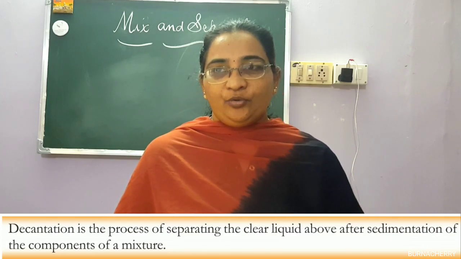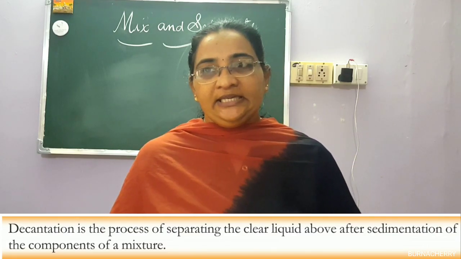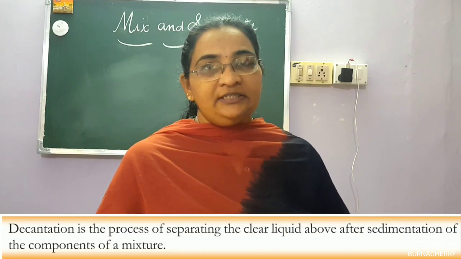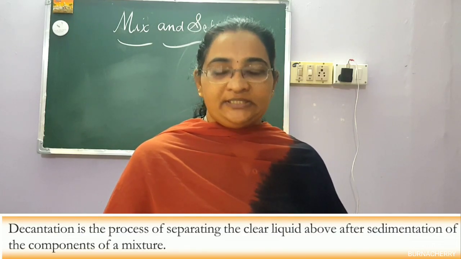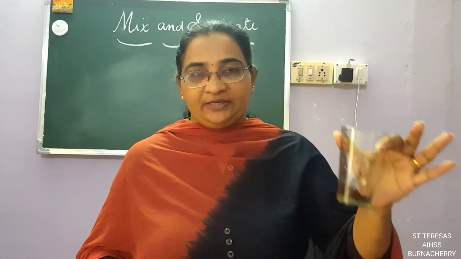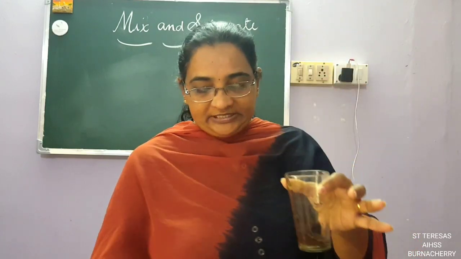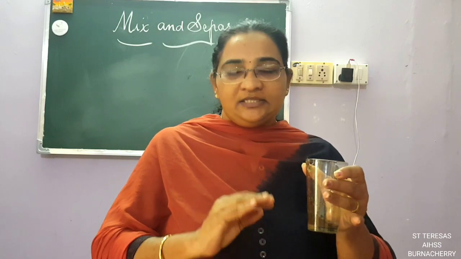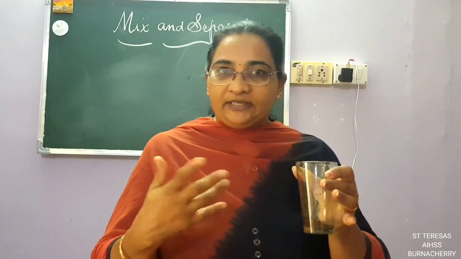So what is decantation? Decantation is the process of separating the clear liquid above after sedimentation of the components of the mixture. That means I put soil in this, I put water, we made a mixture. What are the components? There is water and there is soil which contains many other things.